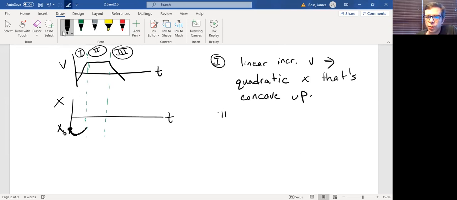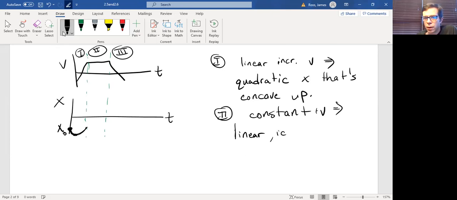During region 2, we have a constant positive v, which is going to give us a linear increasing position. So this part should be linear, and it should be the same slope that it ended with there.